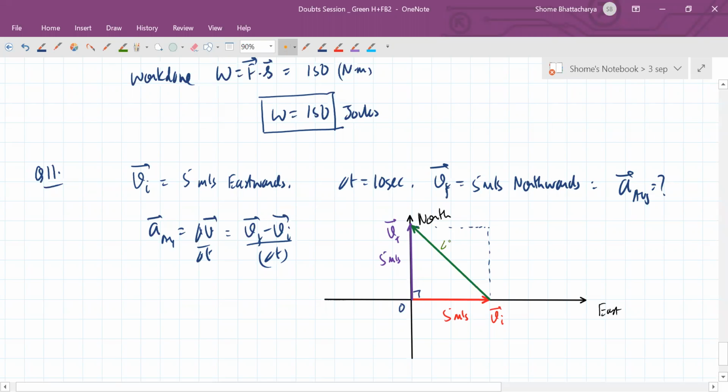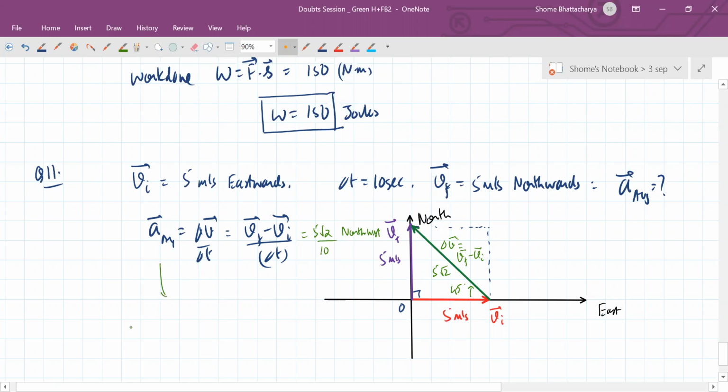This is the change in velocity, final minus initial. So you can see that its magnitude will be 5 root 2 and this angle will be 45. Okay. So this quantity here will be 5 root 2 towards which direction? Towards this direction, so it is between north and west. Northwest direction. Divided by the time interval which was 10 seconds.